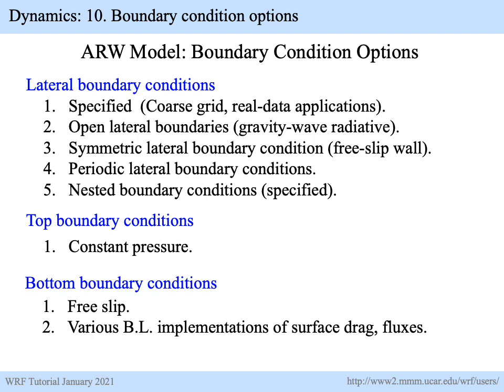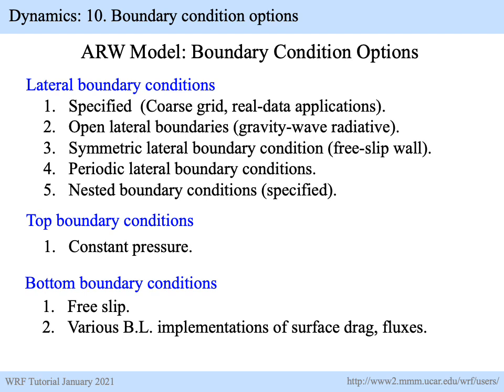You have a number of boundary condition options available in the regional WRF configuration. Real data, you're going to be using specified boundary conditions. Those are coming from wherever you get them, from specifying values from other analyses, from reforecast, straight from observational analyses, whatever. But those we use specified boundary conditions.